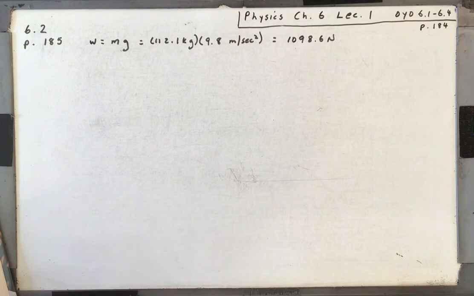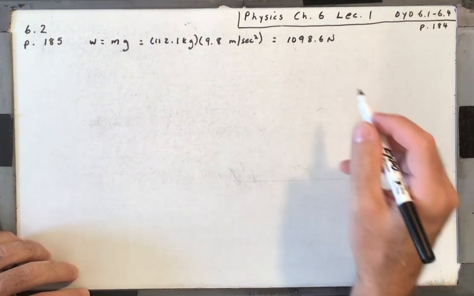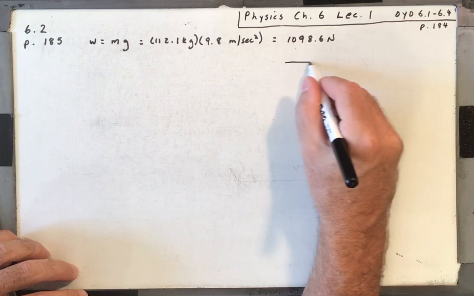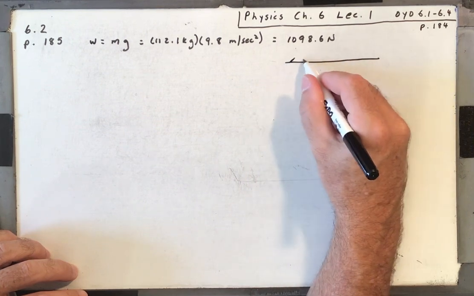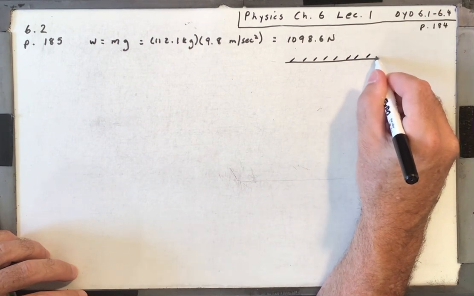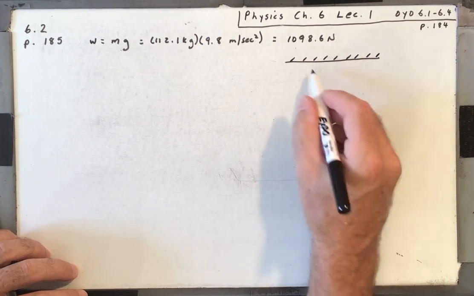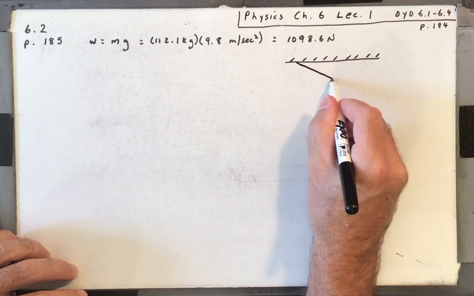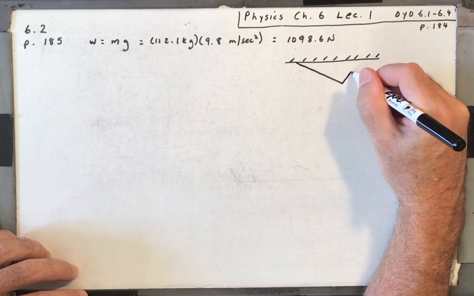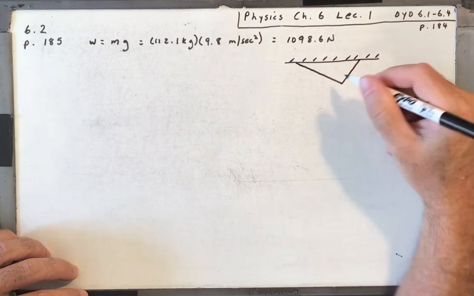All right. So now let's draw the free body diagram. So we've got the ceiling here. So I'm just kind of redrawing the diagram from the book. And we've got something like that. Really a dumb way to hang a sign. Something like that.